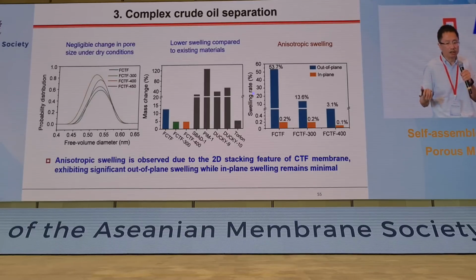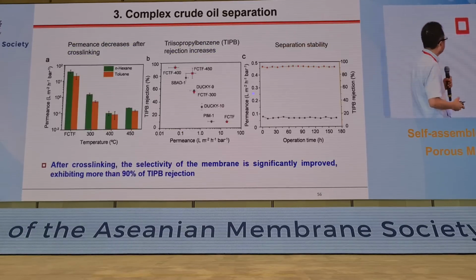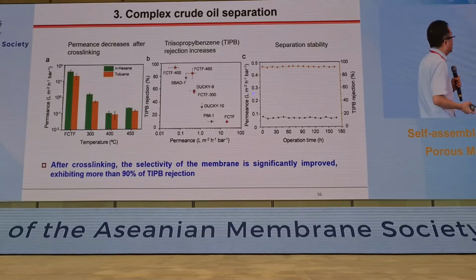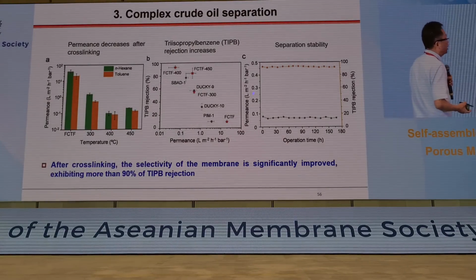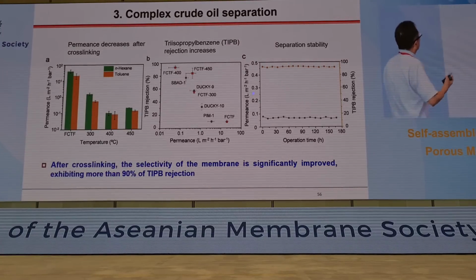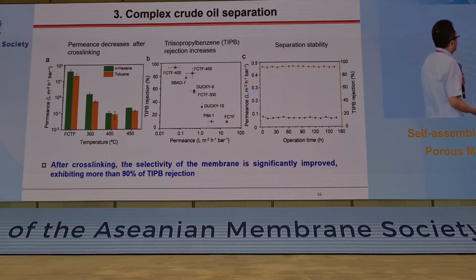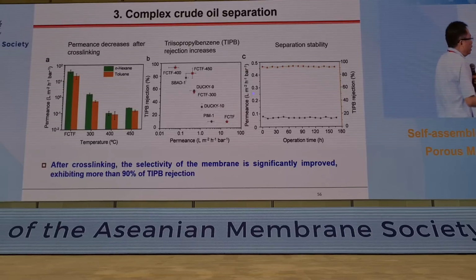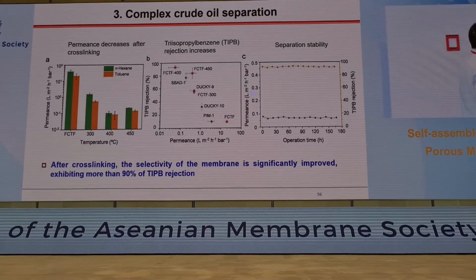Then we also can control the pore size. So then we tested the permeance and the selectivity of this cross-linked membrane in the organic solvent. We found that the permeance decreased, but the selectivity also increased.